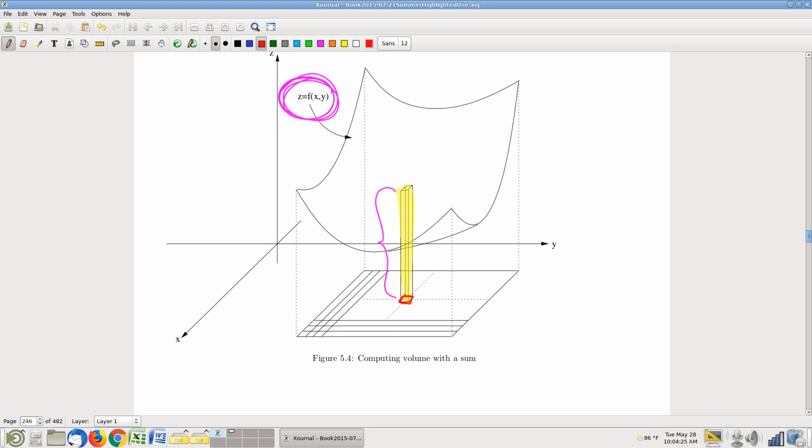And the size, well, we have to reinterpret the idea of size here. This is a two-dimensional domain. In a two-dimensional domain, size means area. So area of that little sub-rectangle times height of the French fry gives me the volume inside of that French fry. And when I add up over all the French fries, I get the volume of the original potato.